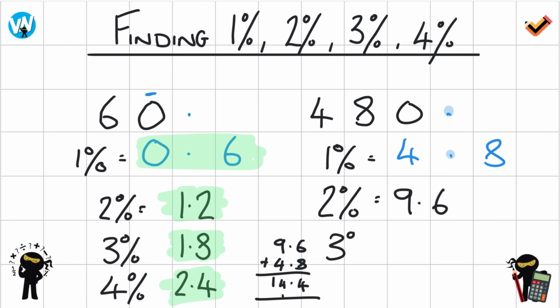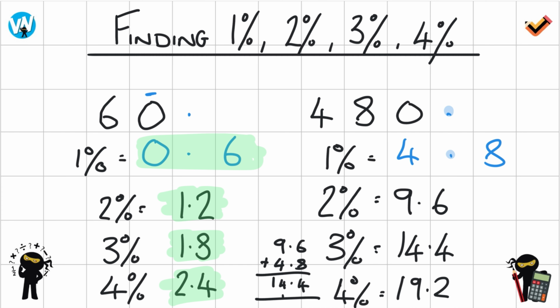So we've got 14.4. So 3% is 14.4. And then you might want to do another column addition, or you might just be able to see that for 4%, 14 add 4 is 18.4. Add the 0.8 is going to be 19.2.